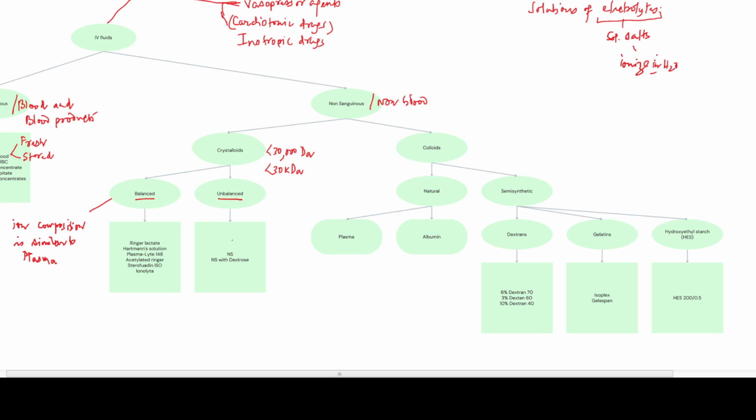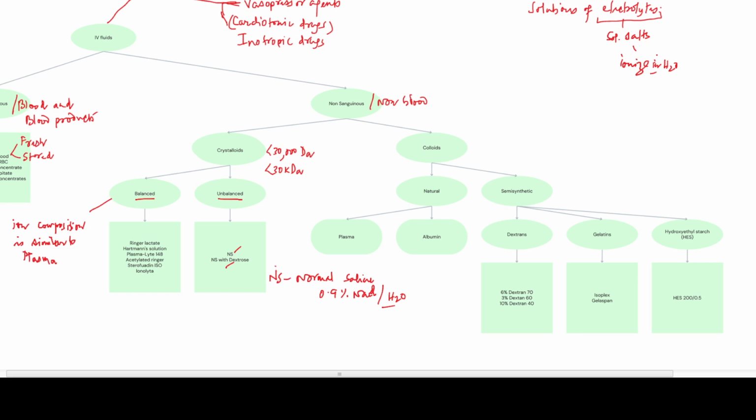So what's the example of unbalanced crystalloid solutions? It's normal saline and normal saline with dextrose. What is NS? Normal saline. Okay, 0.9% NaCl, sodium chloride in water. Okay, water for injection.